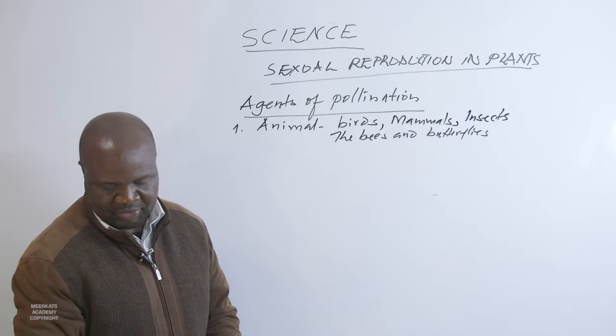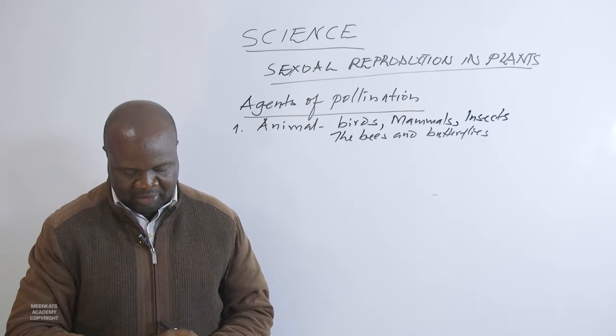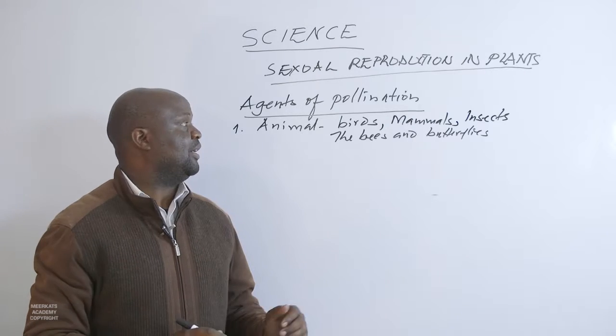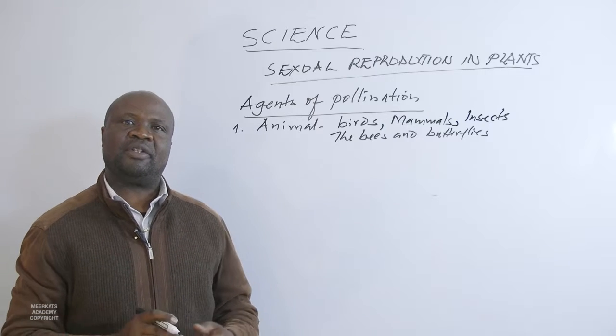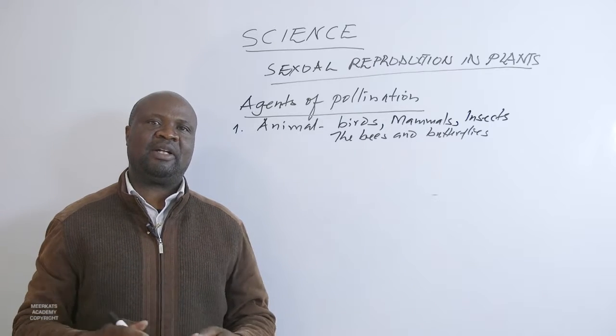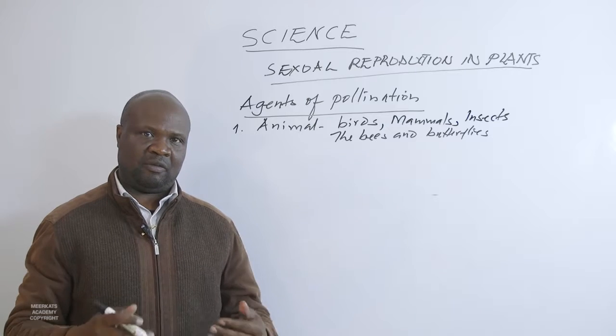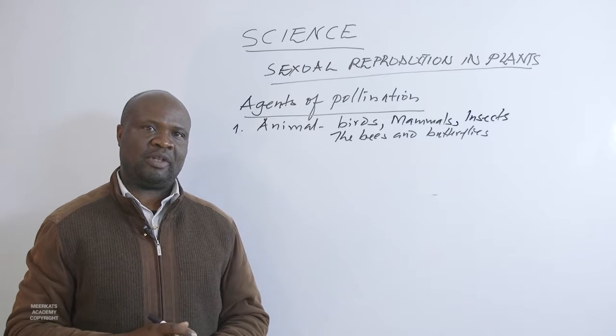The bees and the butterflies can carry these pollen grains from the anthers to the stigma within the same plant or within different flowering plants.